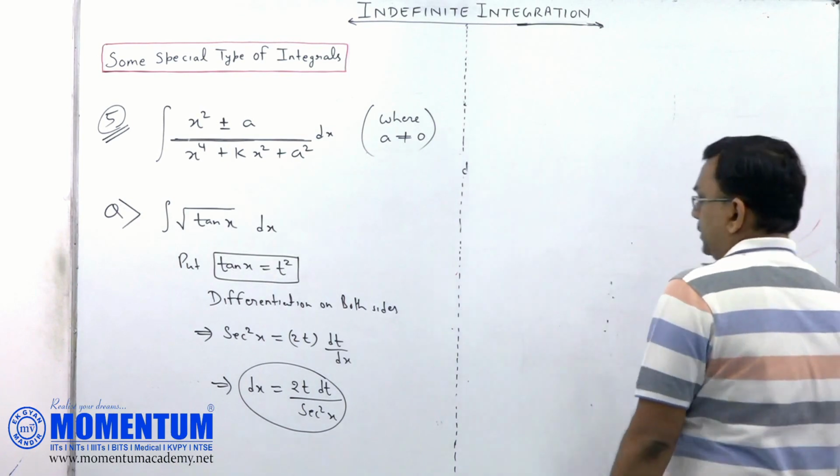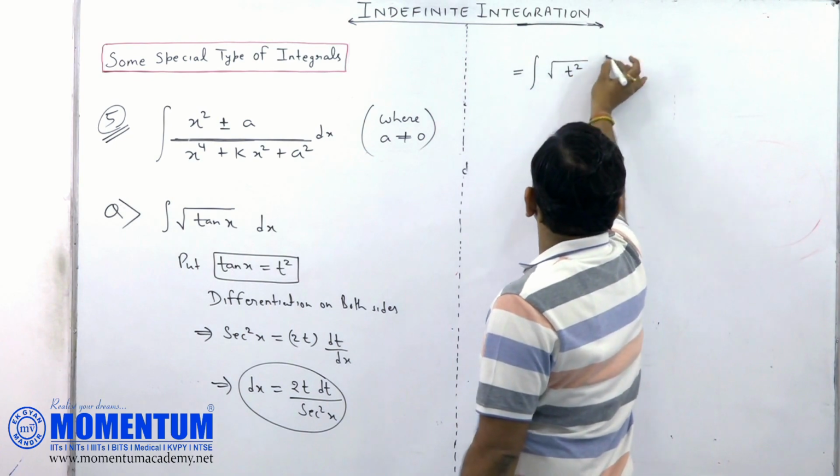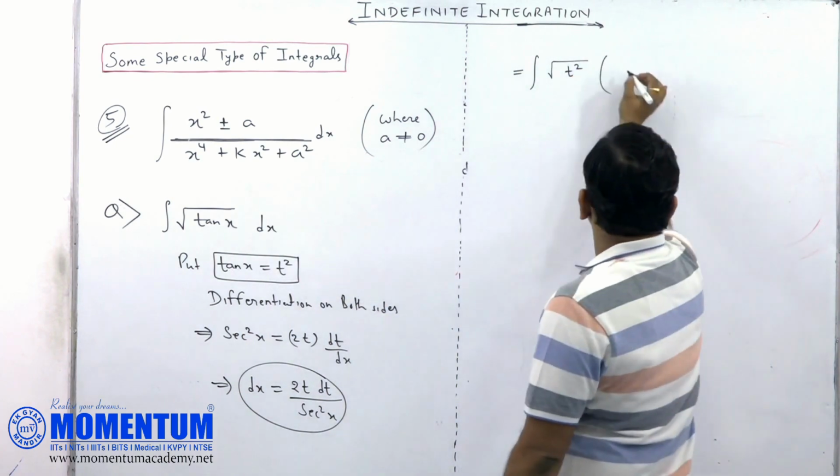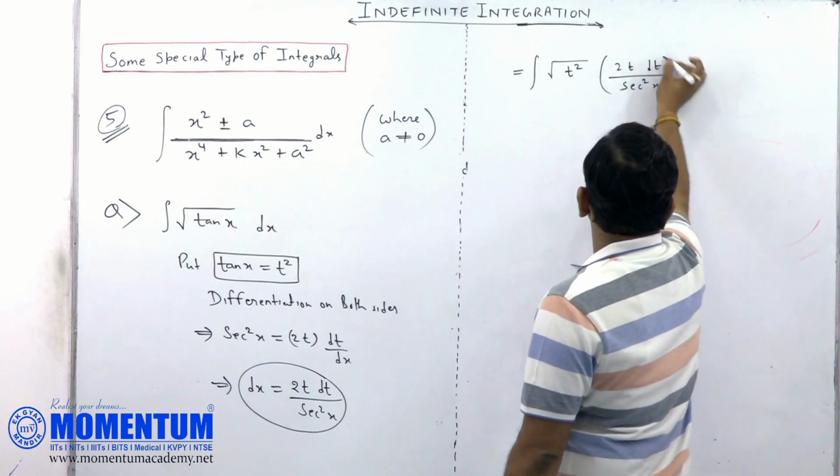Now, integral root over t square, in place of dx 2t dt upon sec square x.